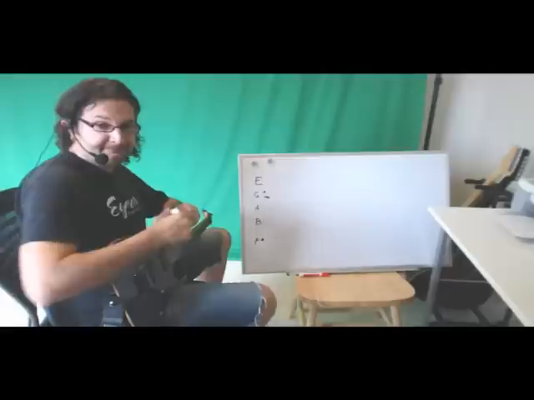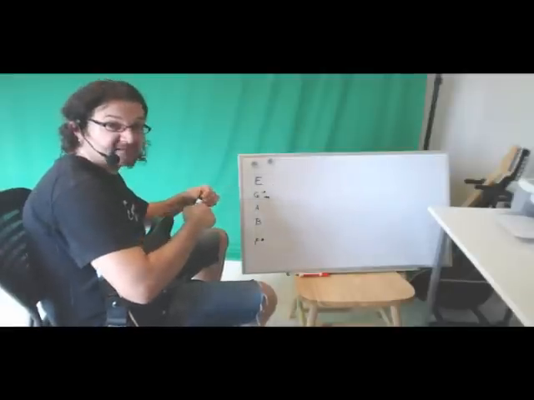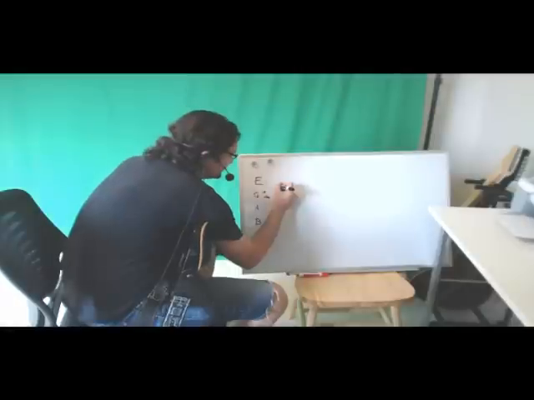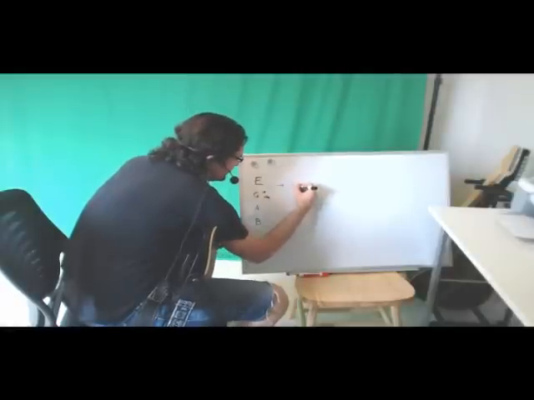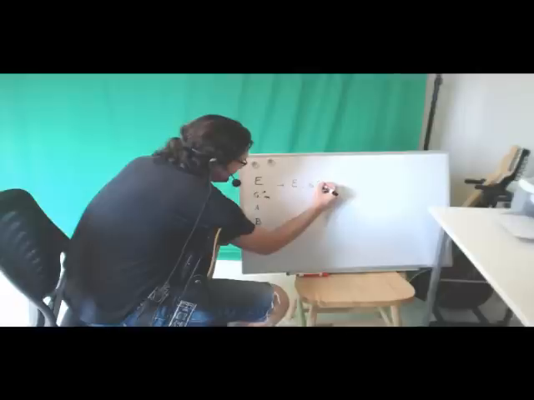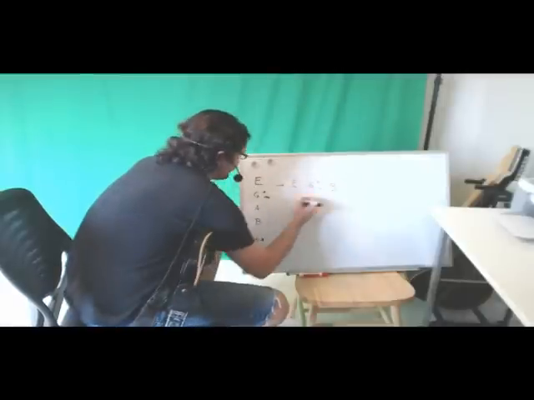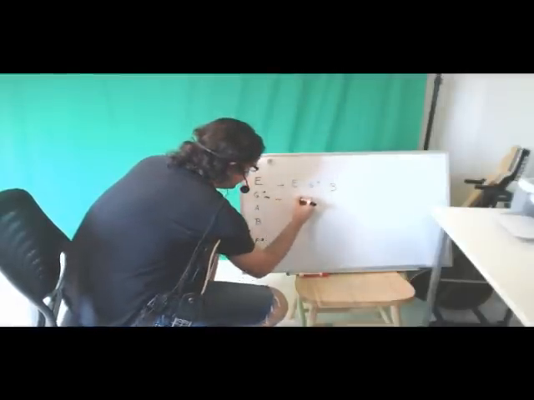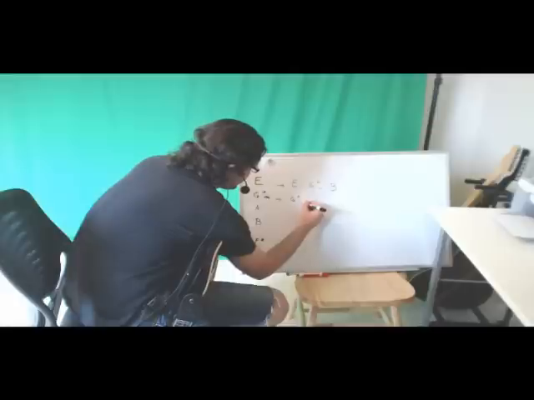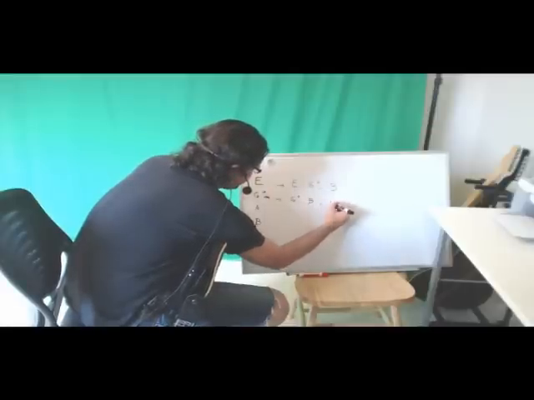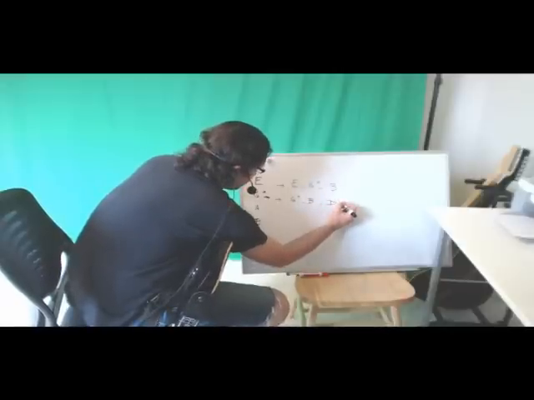First step, extract the notes found in the chords. So E major is made of an E, G sharp, B. G sharp minor is made of G sharp, B, D sharp, right?